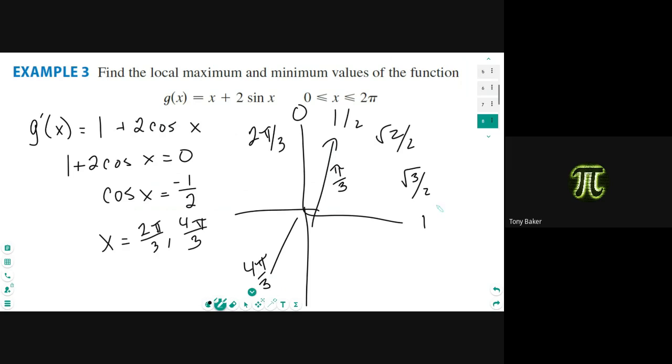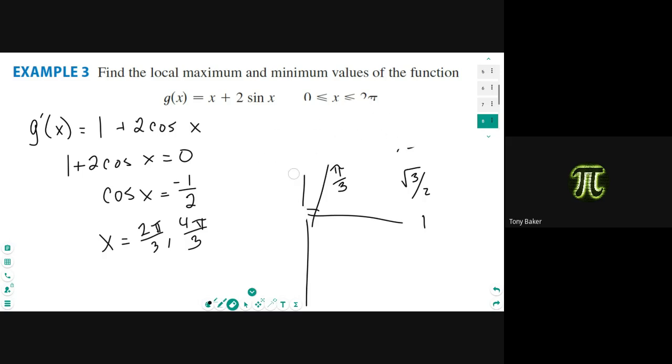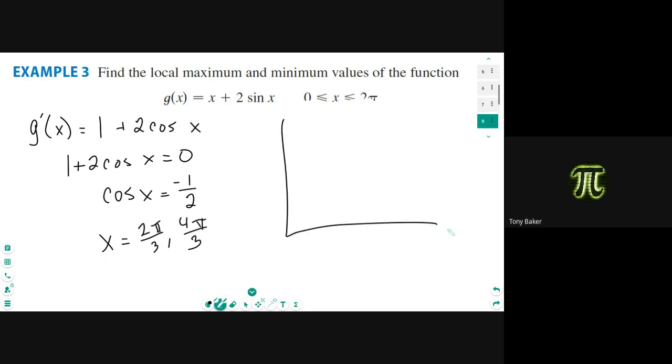The easiest way to remember this, your first quadrant, depending on how you set this up, always do in groups of 4.